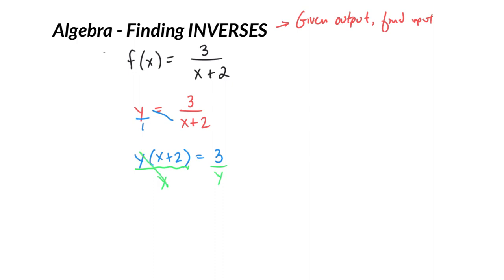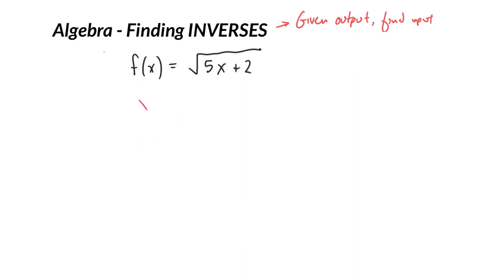So now we've got x plus 2 equals 3 over y, and now we could just subtract 2 from both sides. And at the very end, we swap variables. So my inverse is 3 over x minus 2. Let's do another.